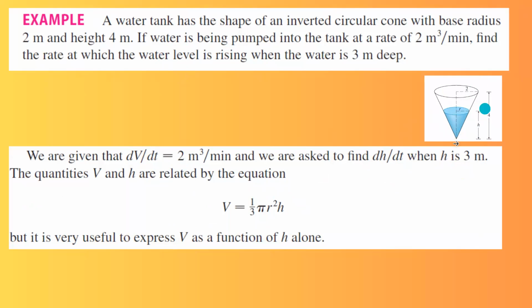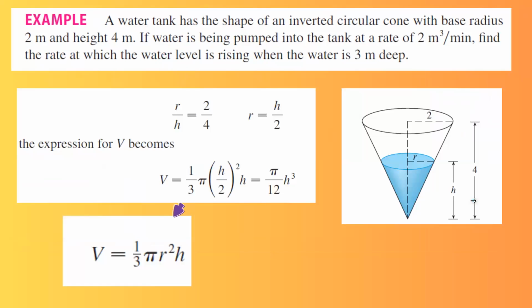But looking at this shape here, we can find the ratio between r and h. But how? The ratio of r to h is 2/4. Remember that the radius is fixed. It is 2.